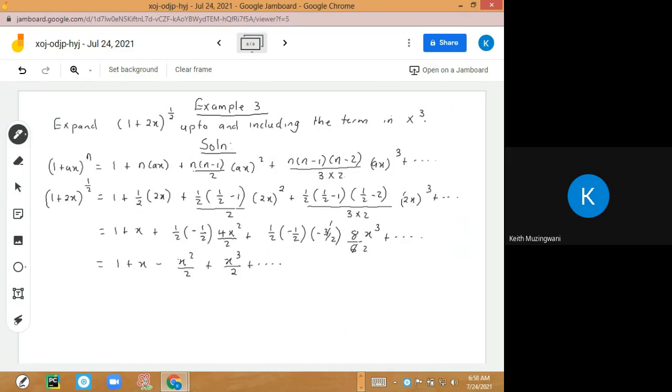They'll also ask you, say, hence, find the range of values of x for which the expansion 1 plus 2x to the power half is valid.